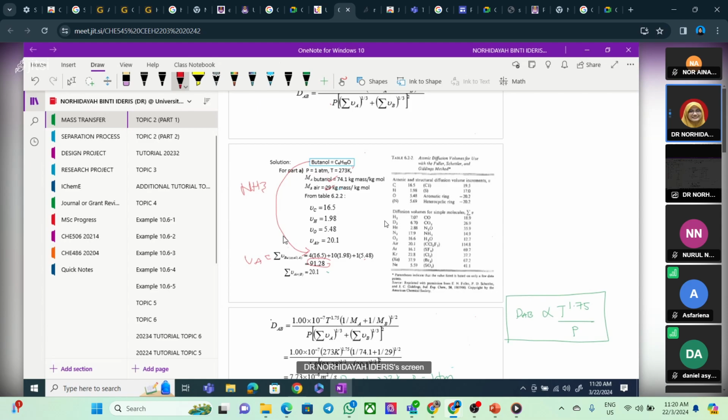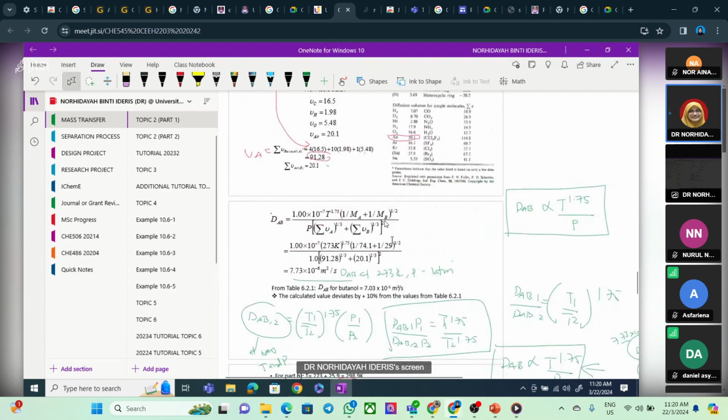Lepas tu dekat air ni sebab dia common molecules, okay, ambil je lah dekat air ni 20.1. Nampak tak ni? 20.1. Okay, dan settle bahagian extraction tu sekarang ni kena masukkan ke dalam equation. Okay, to get yourself familiar sebab ni banyak sangat kurungan, kuasa 1/3 semua kan.